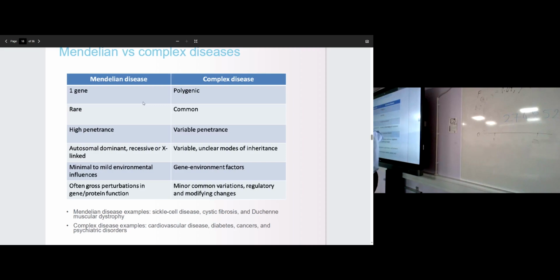That's why we call it penetrance, because you may have variants that are highly pathogenic but not very penetrant, meaning that even though they are pathogenic, they don't express the phenotype very often. Okay? So Mendelian diseases tend to be highly penetrant, whereas complex diseases tend to have variable penetrance.